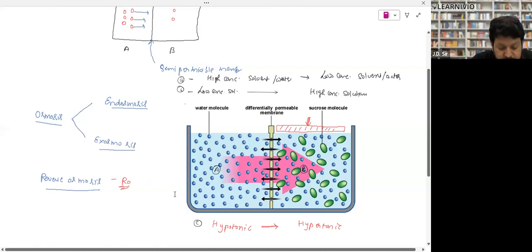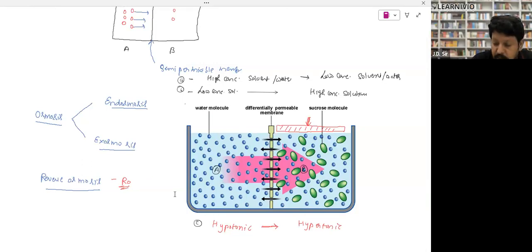Osmosis is a special type of diffusion of water that occurs through a semi-permeable membrane. Full stop. Diffusion of water.